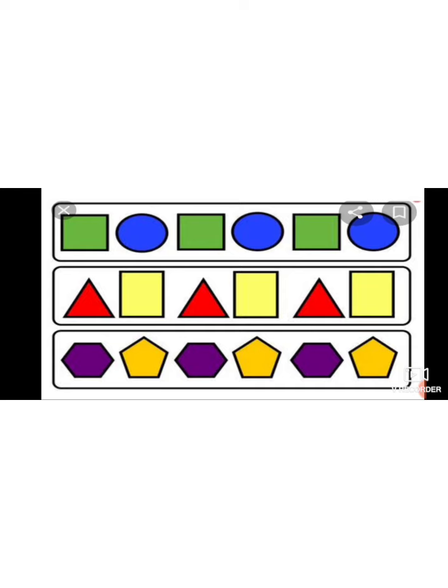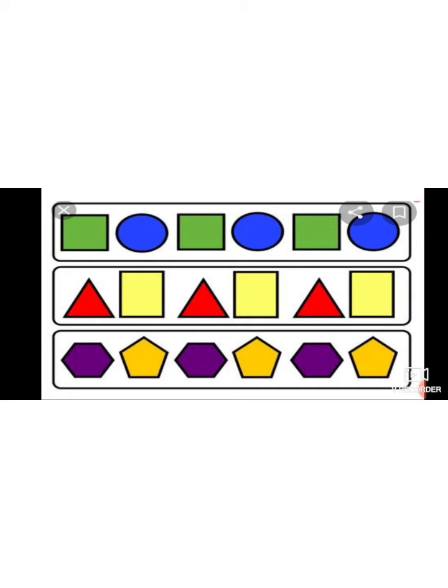For this, you have to observe and watch the different shapes and how they are repeated, or what the relationship is in that sequence. Now look at this pattern in front of you. There is a green rectangle, a blue oval, a green rectangle, blue oval, green rectangle, blue oval.